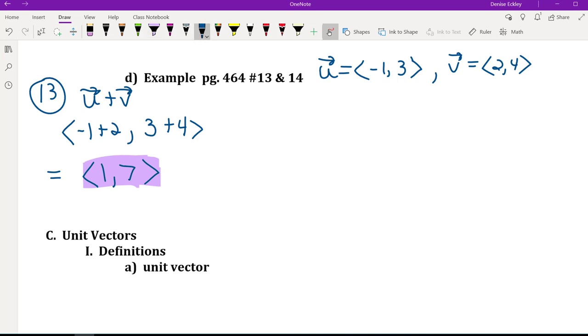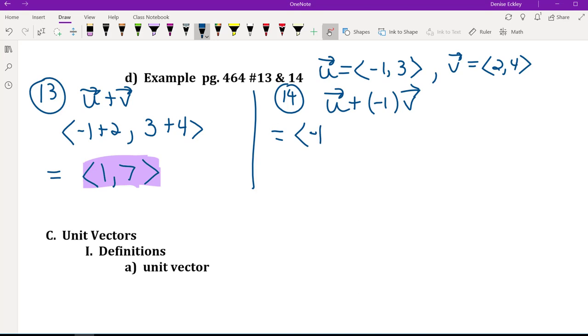In number 14, we have this operation that we have to do. So we have u plus -1 times v. To write this out in component form, we have <-1, 3> plus -1 times our component form of v, which is this.